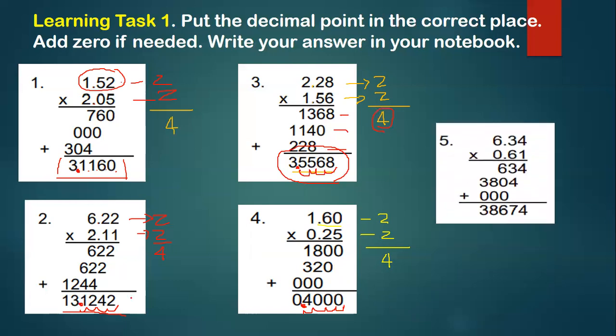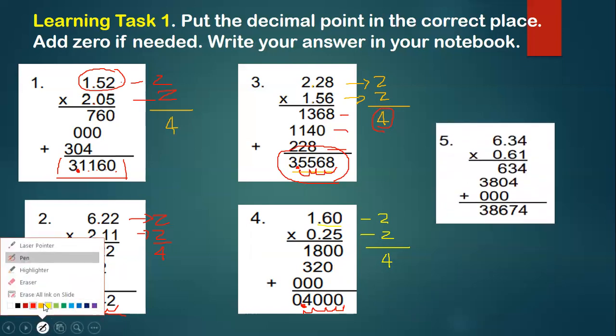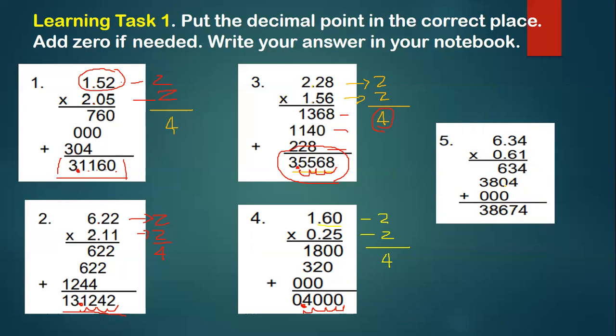Okay, number 5. Number 5 tayo, another example, same process pa rin, ginawa na ang product para sa inyo. Okay, ang gagawin na lang natin dito ay ilalagay ang tamang place ng decimal point natin. So ilang numbers sa ating factor? Merong 4 sa una. Ay, no, this is just 2. Sorry, that is just 2. Ano sa pangalawa? Meron ding 2.